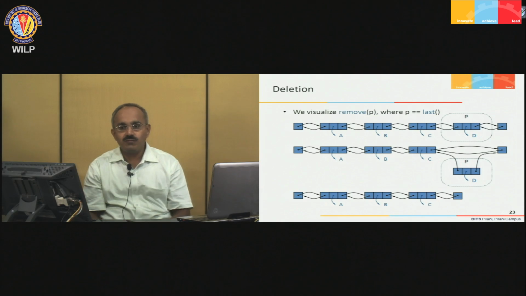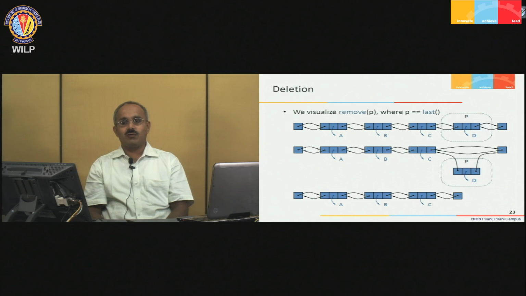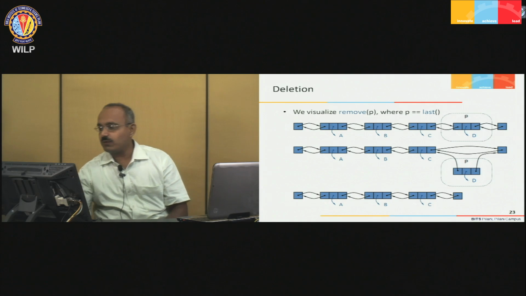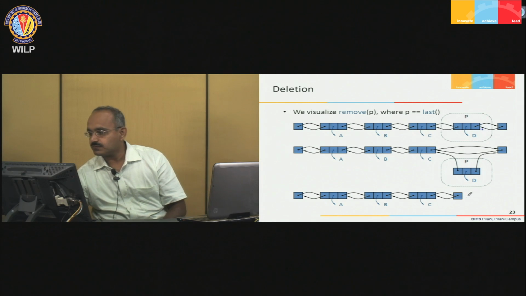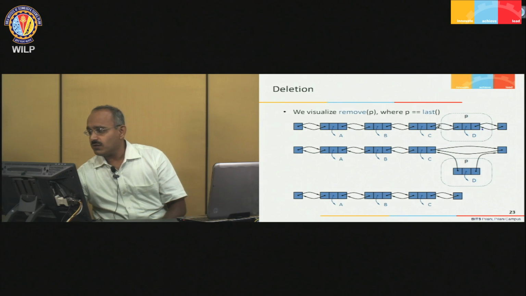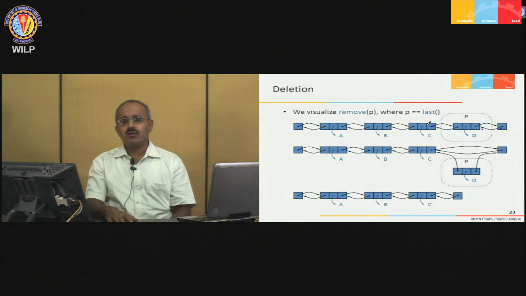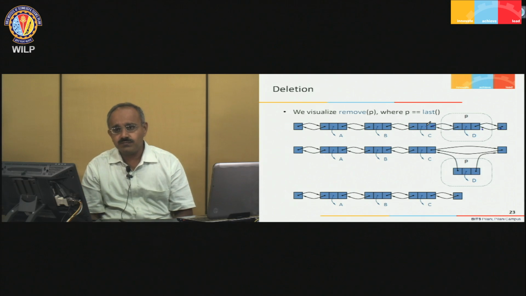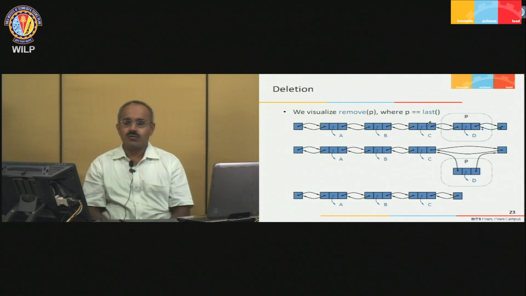Similarly, in the deletion algorithm, suppose you want to delete a particular node, you first need to traverse to that particular node and again adjust the pointers. So the next of this will be pointed to the next of this, and the previous of this is going to be pointed to the previous of this. So it is just pointer adjustments once you reach that particular node.